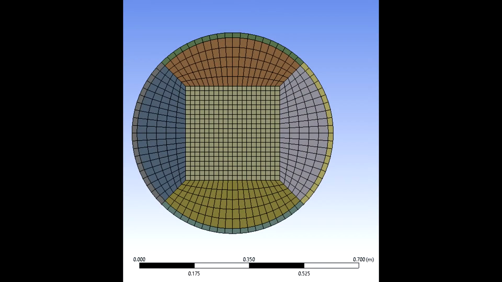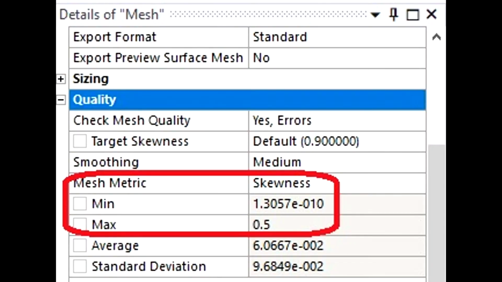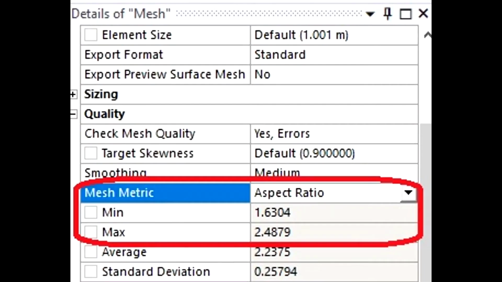From our case study of the paper, the paraffin is deposited below 57 degrees Celsius, which is the evaporation point with a saturation. To ensure that our simulation result is as accurate as possible, our meshing plays a crucial part. For the meshing, our skewness is 0.5, which is below 0.9, while our aspect ratio is between 0.9 and 2.5.